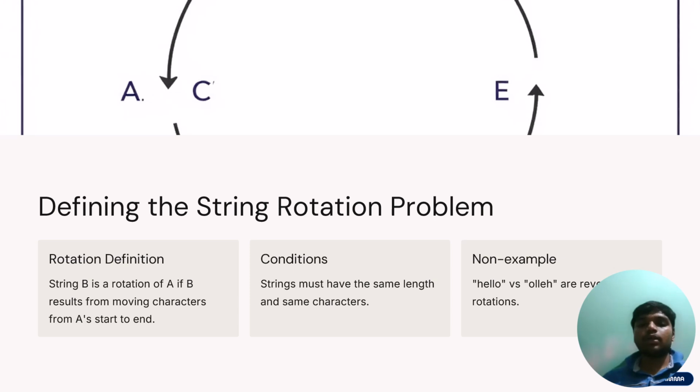In a right rotation, characters are moved from the back of the string to the front. For example, rotating HELLO right by 2 results in LOHEL.